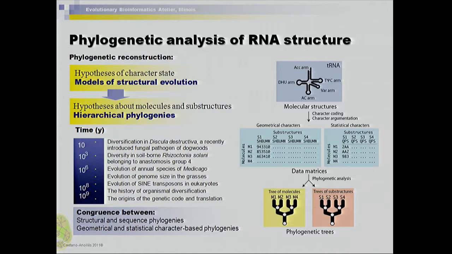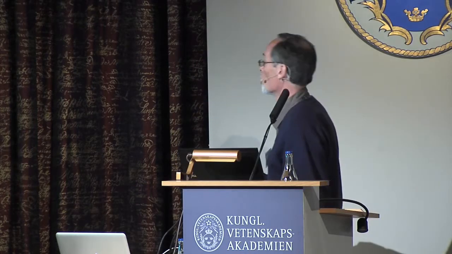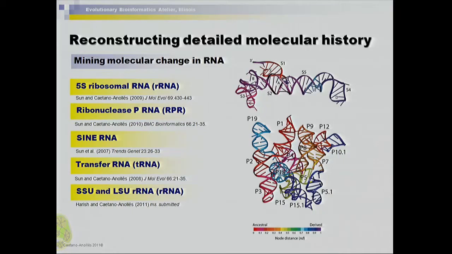So using this, we've explored a number of phenomena that go all the way from years to billions of years. And in all cases, we have a good match between sequence analysis and structure analysis in these phylogenies. With these phylogenies, we can color molecules according to their age, very much as we've done with proteins.